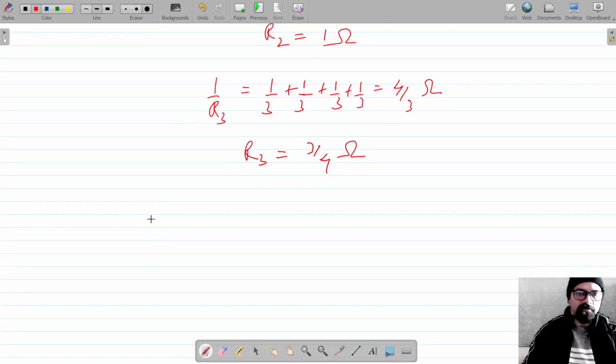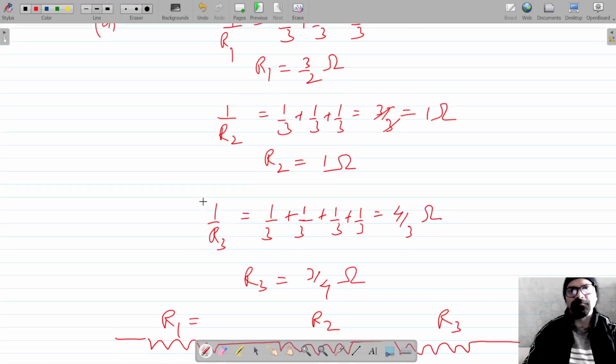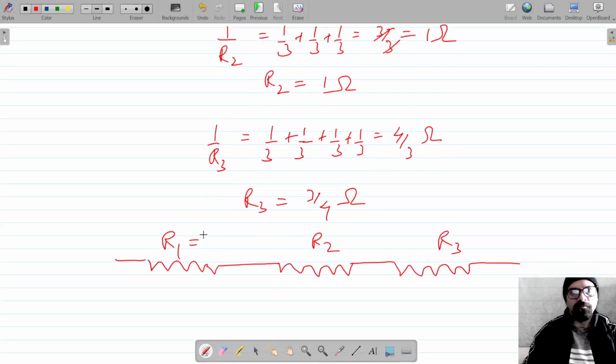Now we have our circuit like this: R1, R2, R1, R2, and R3. R1 is 3 by 2 ohm, R2 is 1 ohm, and R3 is 3 by 4 ohm.